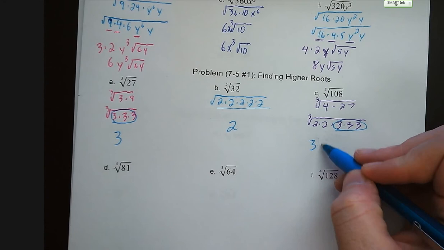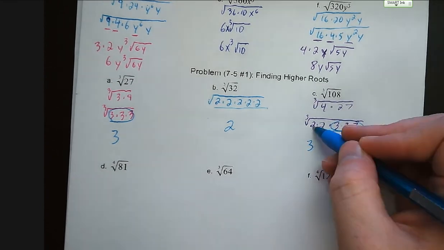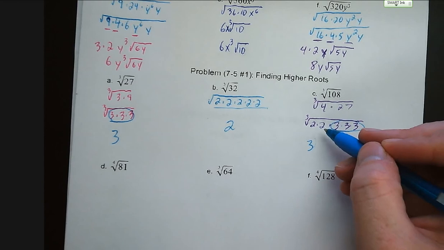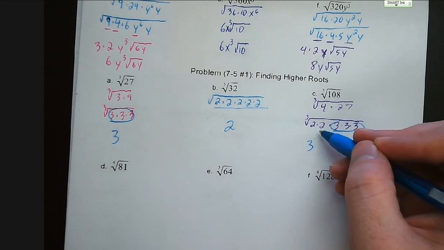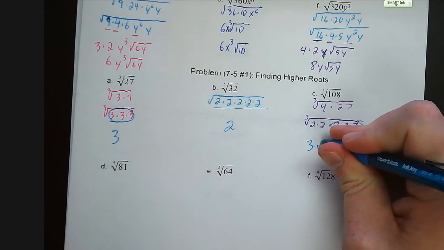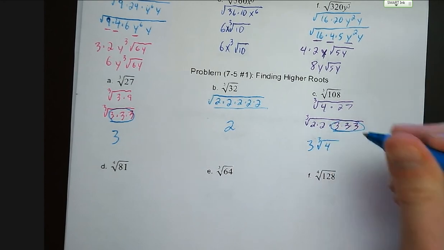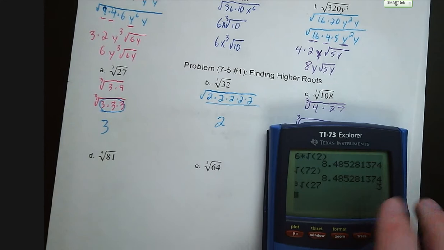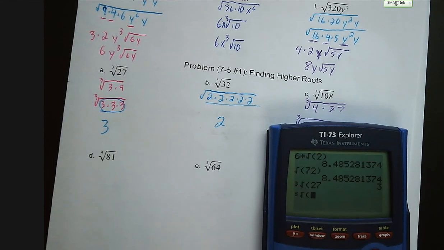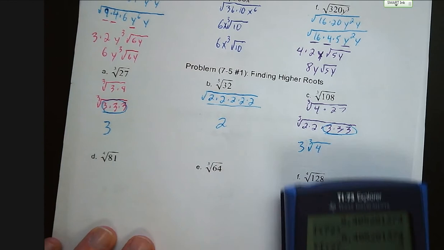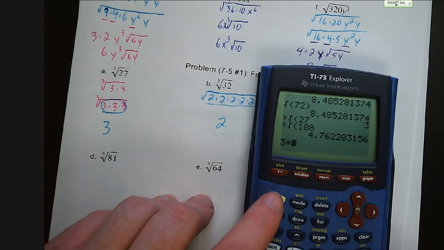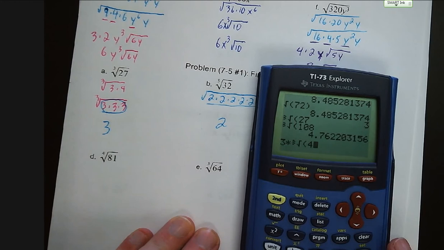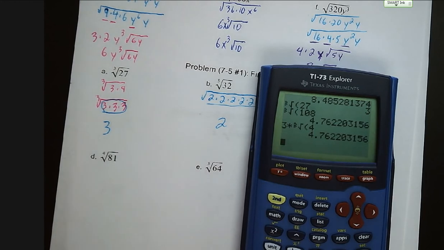Okay, so how many 2's? There's only 2 2's, so we can't take the cube root of 2 2's. So it's just going to be the cube root of 4 as the simplified version. Okay, and if we typed that into the calculator, we would get the same answer. If we did the cube root of 108, and if we typed in 3 times the cube root of 4, we get the exact same irrational number.